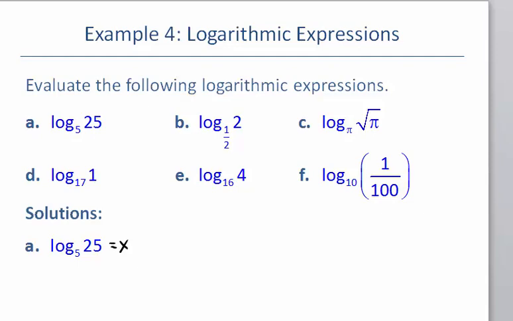Once that's done, you want to change it to exponential form. So you want to start with your base, which is 5. You want to go to the other side and get your exponent, which is the x, and set it equal to 25. Now, sometimes at this point, you can just figure out what the x has to be. I think in this case, we definitely could do that. 5 to what power is 25?